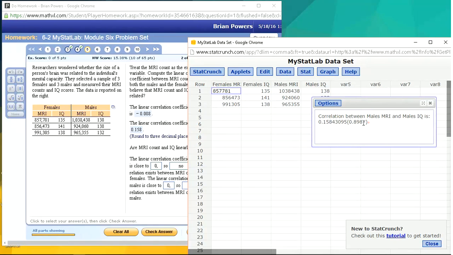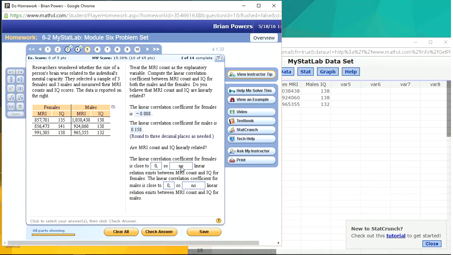This means there's really a strong, strictly speaking, this isn't totally correct, but I'll say there's a strong amount of evidence in favor of no linear relationship. Okay, but you can also say that 0.15 is pretty low.